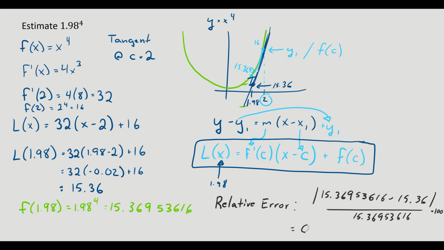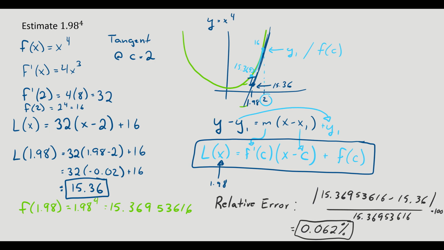And in the end, that's going to equal 0.062%. So we're only off by 0.06%, which is great. That's a really good approximation there. Estimate 1.98 to the fourth. It's 15.36, which is a 0.062% relative error.